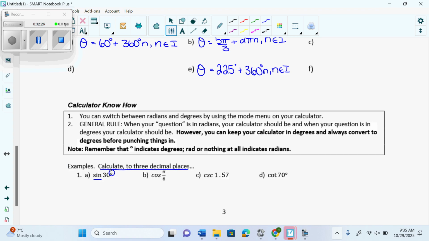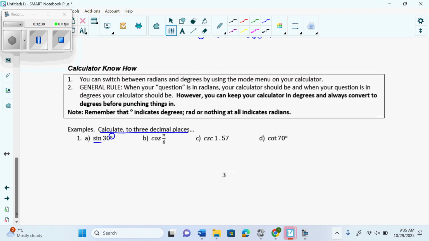Okay, you just need a degree. Alex, do you know what I'm talking about? Yes. Okay. Sine of 30 degrees is what, people? 0.500. If it says to 3 decimal places.